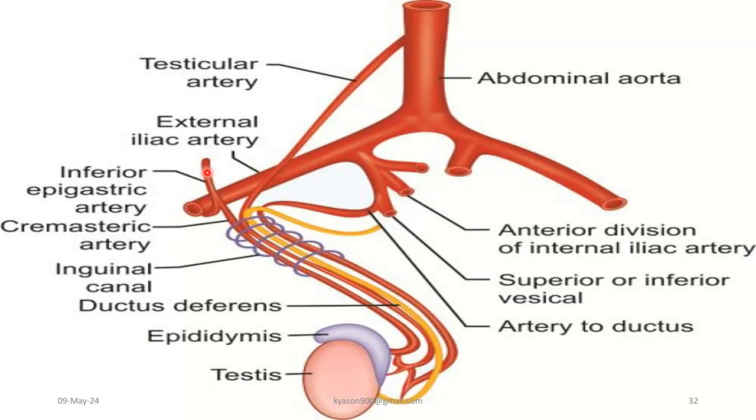It's a branch of the inferior epigastric. We talked about this as an artery that supplies the lower abdominal wall. It comes from the external iliac, and before ascending, it's going to give off a branch that will enter the spermatic cord to nourish the cremasteric muscle and fascia.